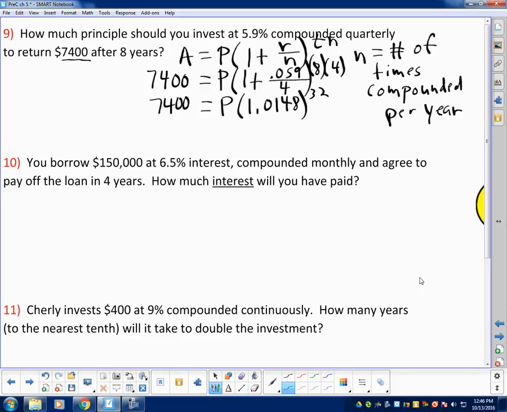So then we need to solve this. The reason I took it to so many decimal places is because then I'm going to take it to the 32nd power. So this will kind of save some of the round off there. But P is equal to whatever I get when I take 7,400 and divide it by 1.01475 to the 32nd power.